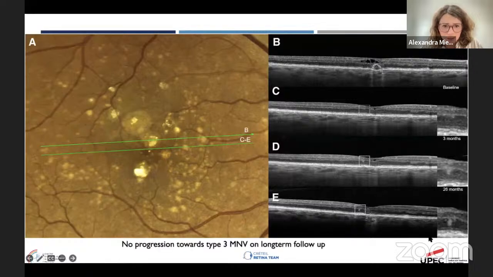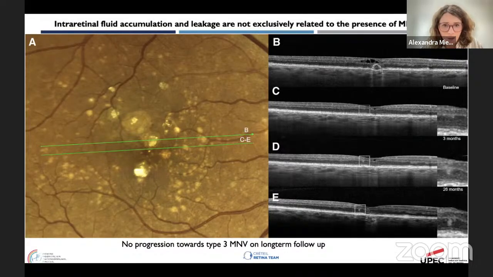However, interestingly, when a patient with DRAMA is followed up over time, there is no progression towards type 3 macular neovascularization on long-term follow-up in the cases published until now. However, intraretinal fluid accumulation and leakage seem, in this context, not to be exclusively related to the presence of neovascularization, because here we have intraretinal fluid, but no neovascularization theoretically.